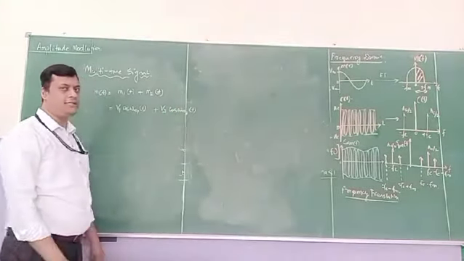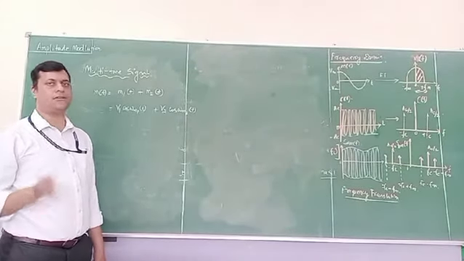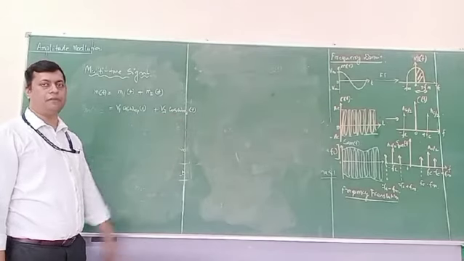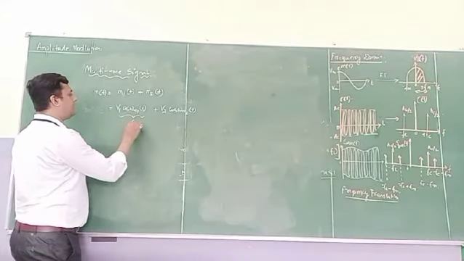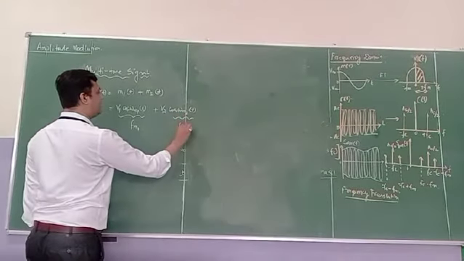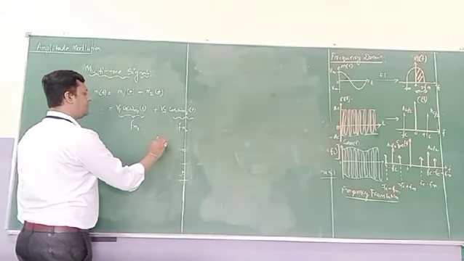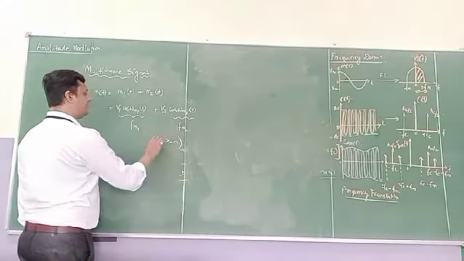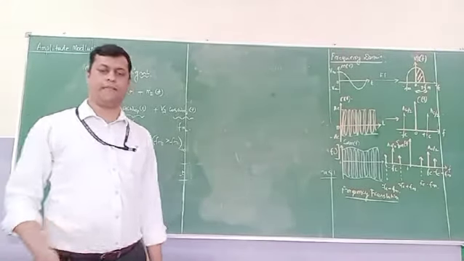So these are the two modulating signals. If there is more than one, it is called multi-tone. Here two different frequency components m1 and m2 are available. For this we can consider fm1 and for this fm2, and fm2 is greater than fm1. Let us consider this also, because there are two different frequencies, they may not be the same.